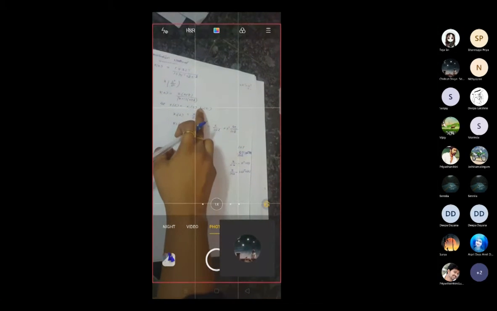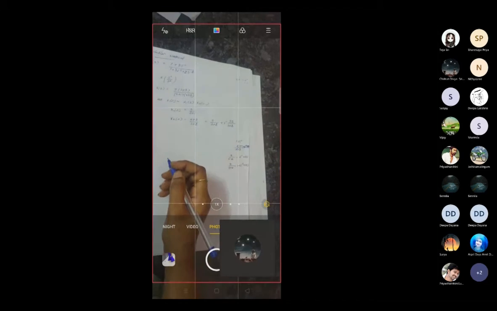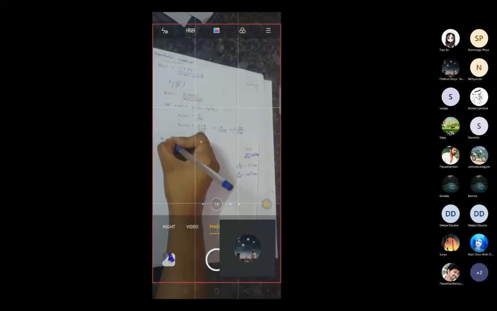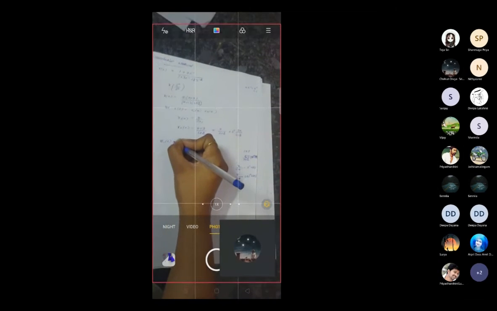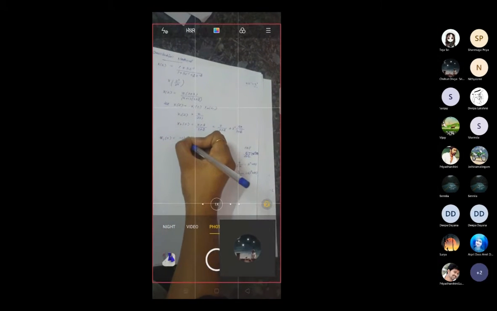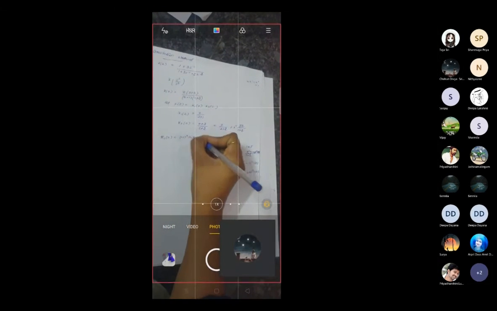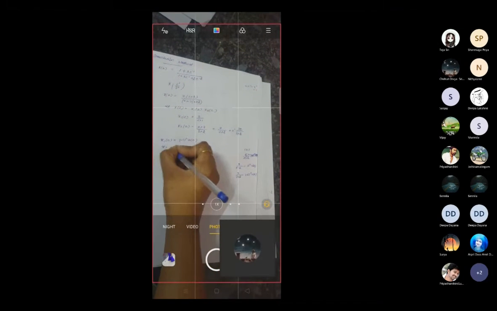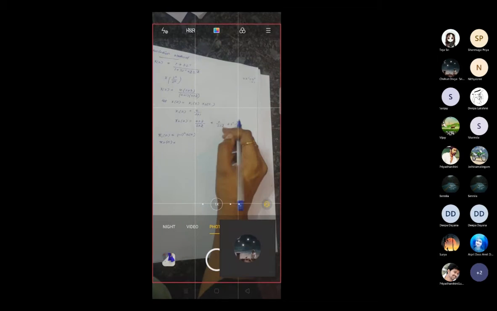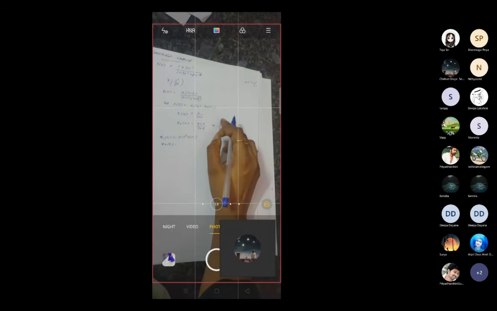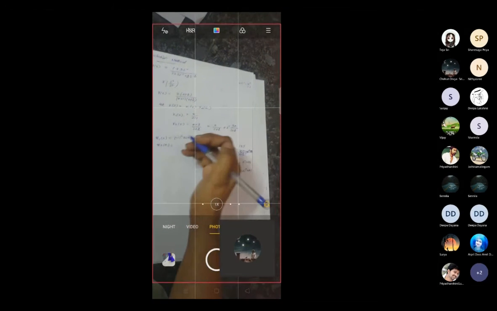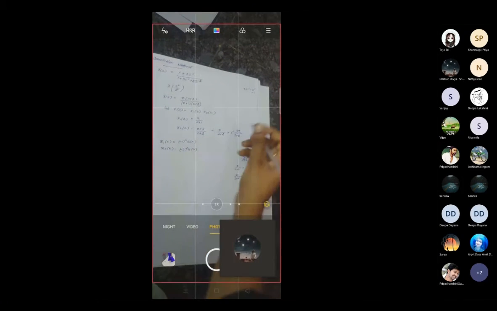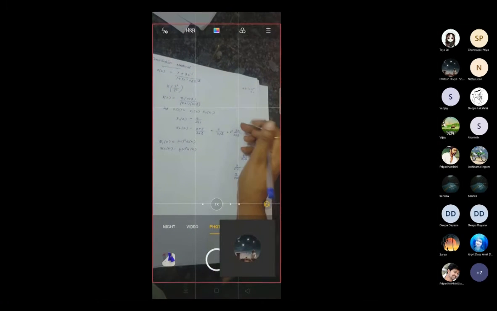Here, the z transform is z divided by z plus 1. Then the inverse, x1 of n, will be equal to minus 1 whole power n into u of n. Next, x2 of n: the z transform is z divided by z plus 2, so here it becomes minus 2 whole power n into u of n.